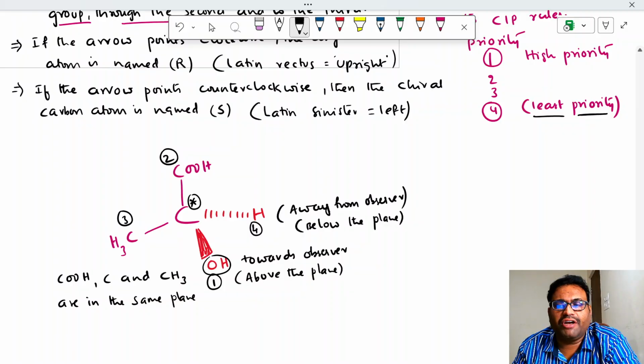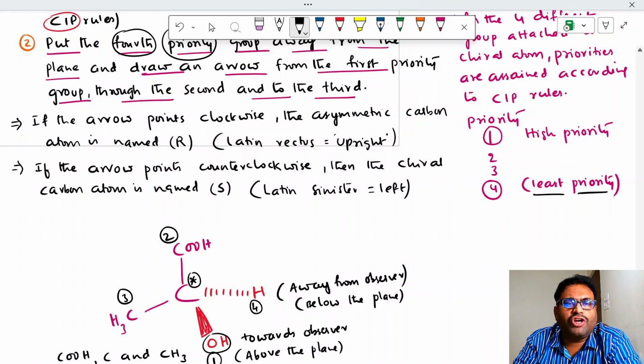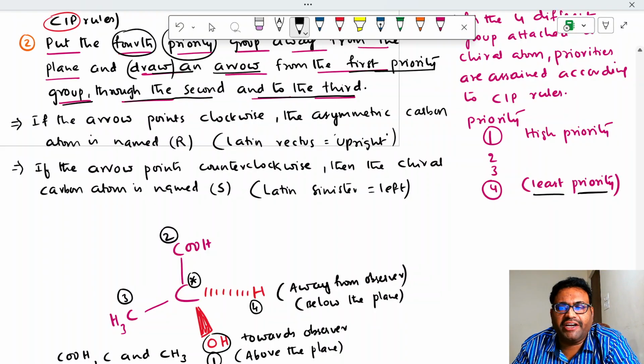Now, what are you doing? Looking at these priorities, we have to draw an arrow. See, draw an arrow from the first priority group through the second and to the third. Where is the first priority?